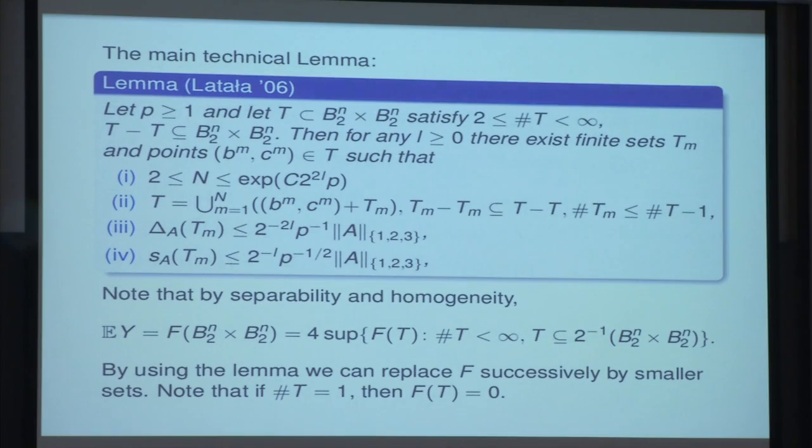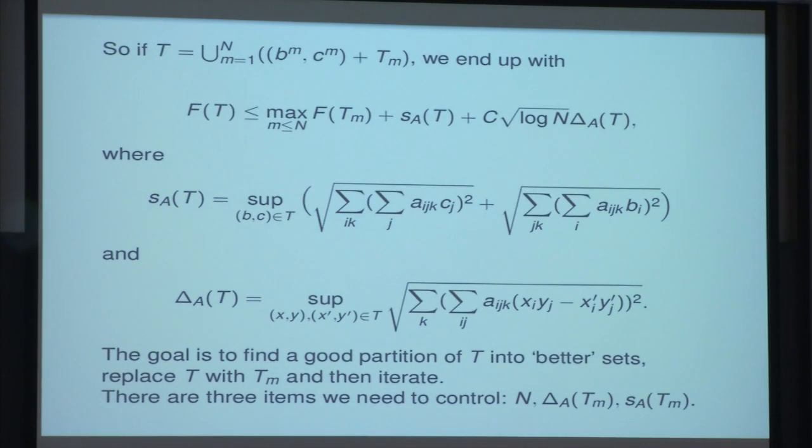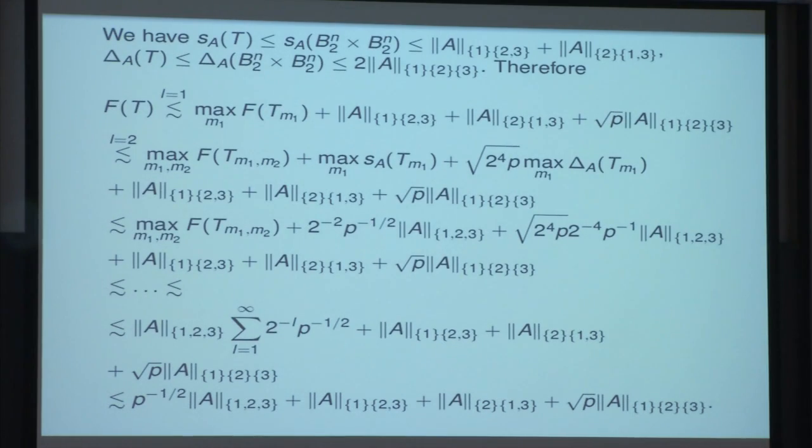And moreover, since we have this greater power here, the cost you pay from this log n here is compensated by the constant in front of this partition norm. And you end up with this Hilbert-Schmidt-like norm times 1 over square root of p times a geometric series. So in the end, you get the estimate that you need.